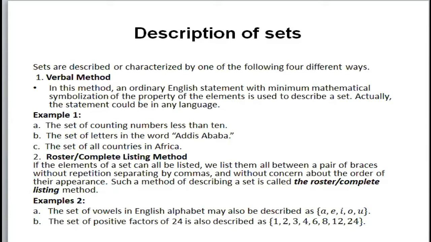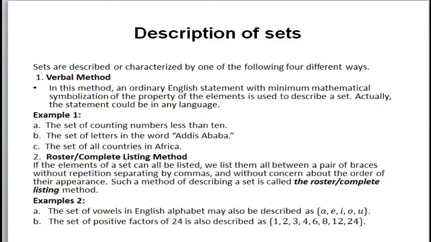So the second example is the set of letters in the word Addis Ababa. Of course, we can list one by one and we can use brace, but without using brace, I can describe this set verbally by saying the set of letters in the word Addis Ababa. Thirdly, the set of all countries in Africa.